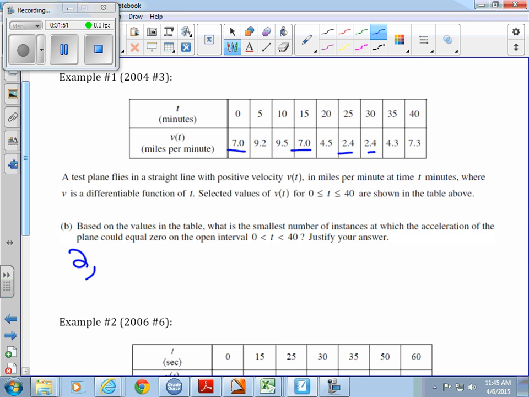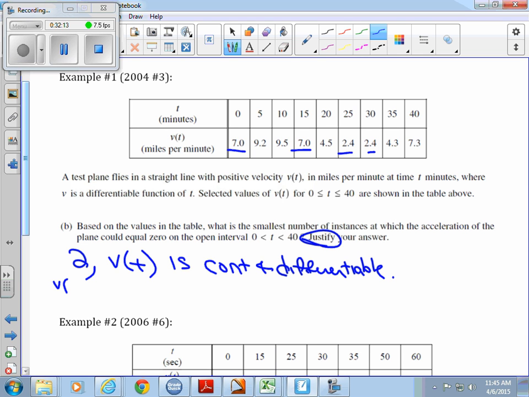Justify. We hate that word, right? So, v of t, what do I need to say if I want to use Rolle's theorem or the mean value theorem? It is continuous and differentiable. V of 0 equals V of 15, which equals 7.